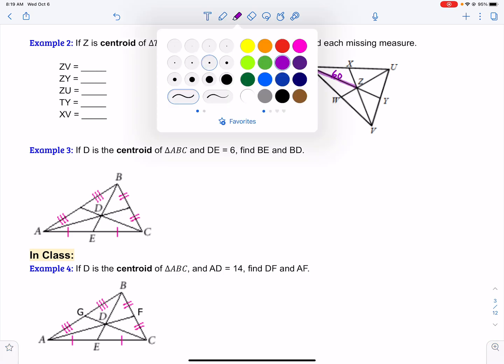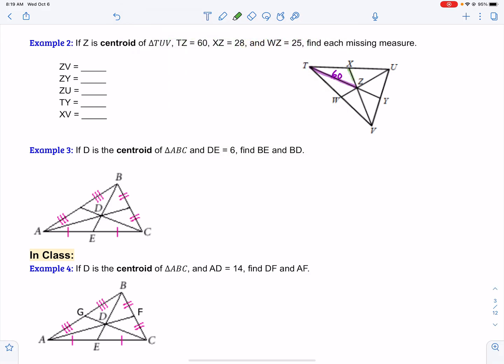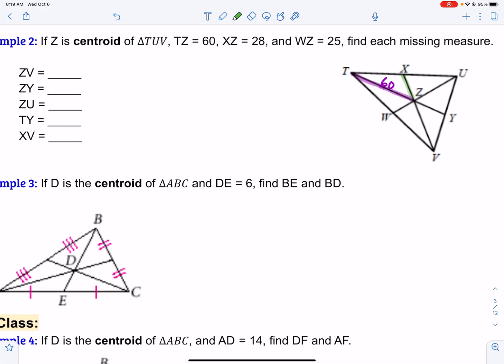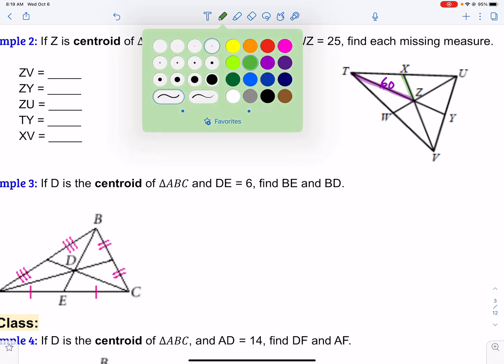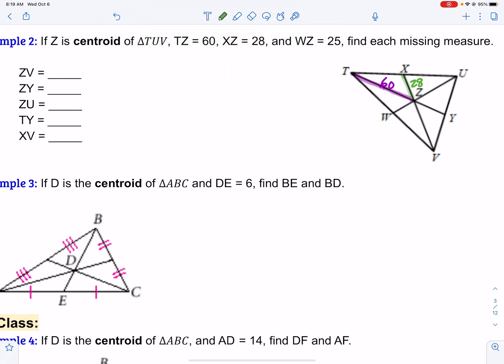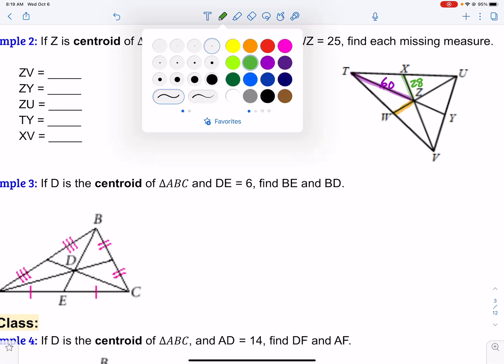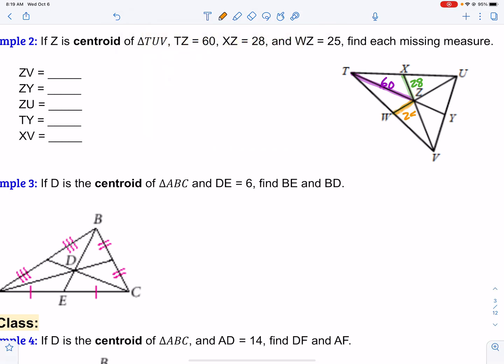XZ equals 28. So let's put that in the figure. So XZ equals 28 and WZ equals 25. So WZ is that little one right there, and that is equal to 25. Find each missing measure. So this is the 2/3, 1/3 rule. So ZV is the first thing they ask for, so that's on the green one.